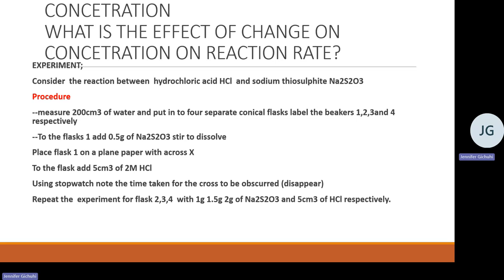Sorry, it is sodium thiosulfate, not sulfate. Sulfite, not sulfate. We have a procedure that has been provided for us. We are going to measure 200 cubic centimeters of distilled water. We'll put it in 4 separate conical flasks.